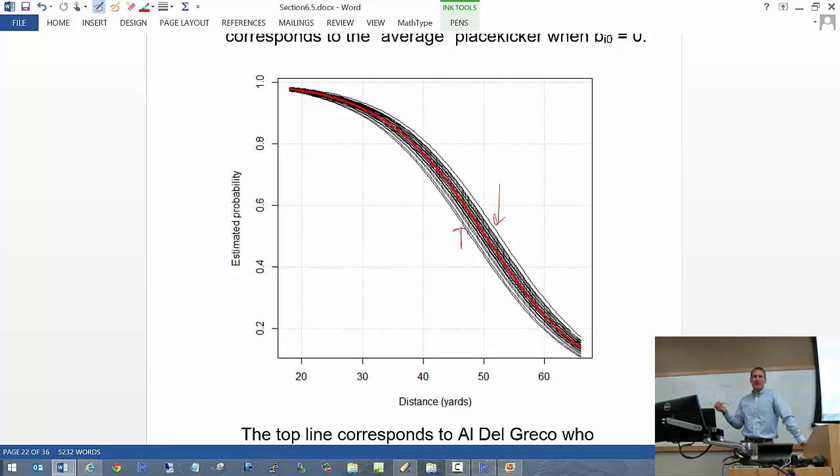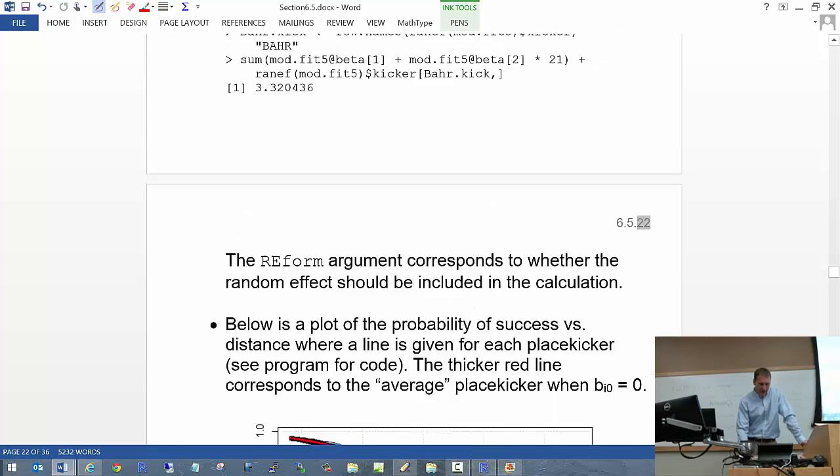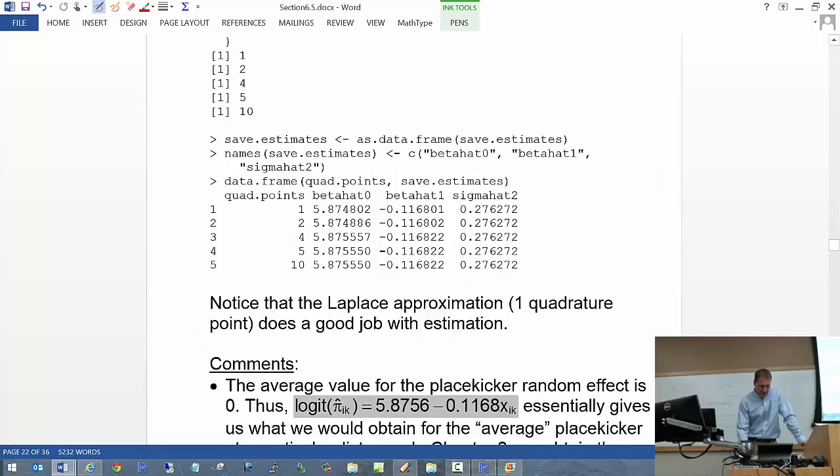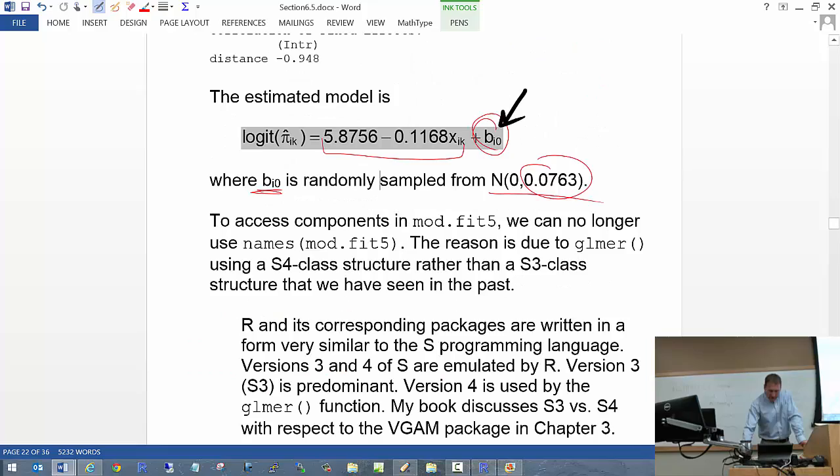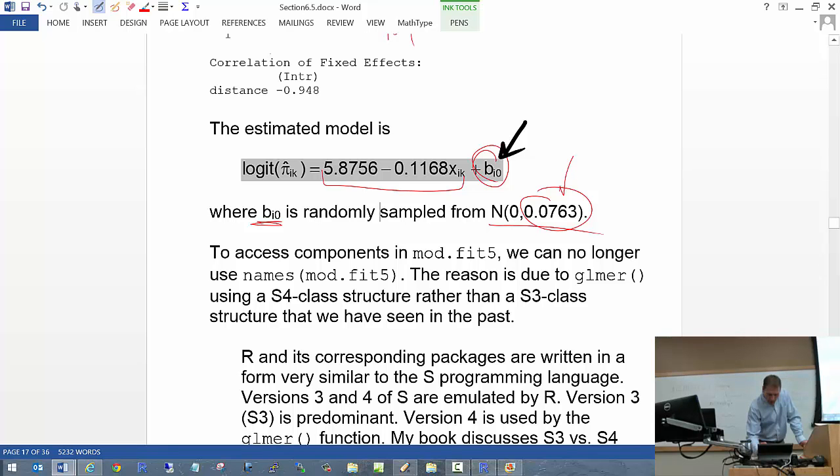What measures the variability in the B's? Sigma squared. So, we go back to our model. That plot is basically giving us a picture of what this 0.0763 represents. So if that number was higher, what would you expect the effect on the plot? More spread out of those lines. If the number was lower, let's say if it was 0, what would you expect? The lines would all be right on top of each other.